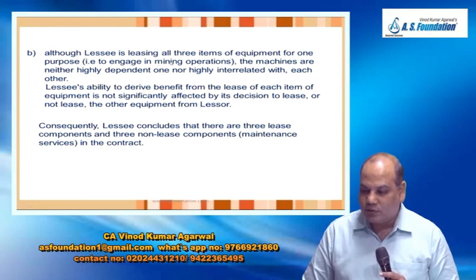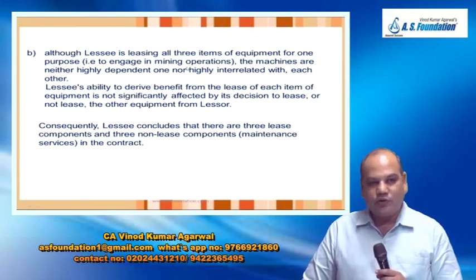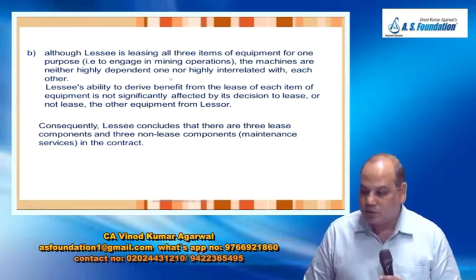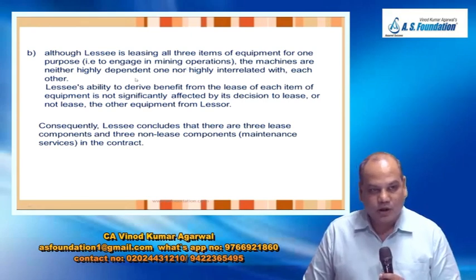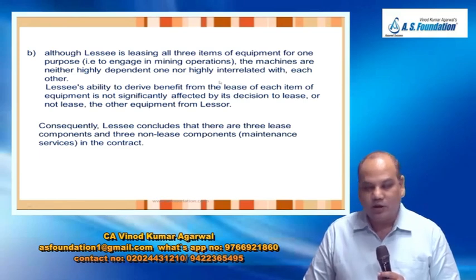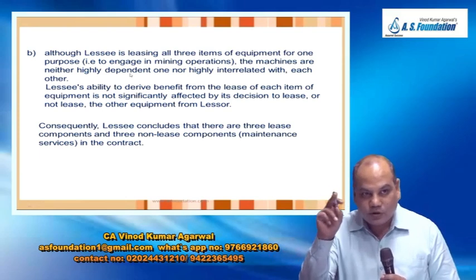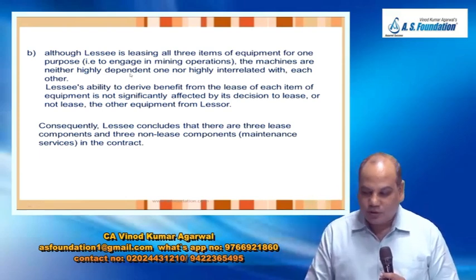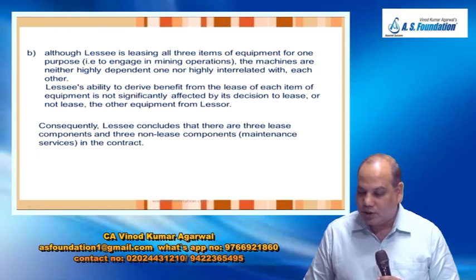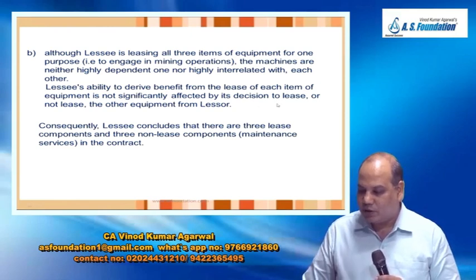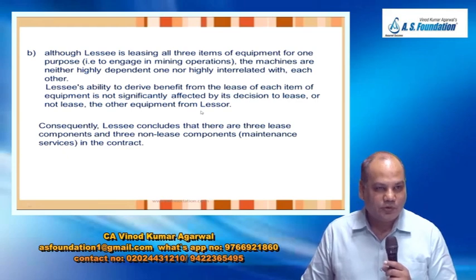Although lessee is leasing all the 3 items of equipment for one purpose, that is engaging in mining operation, the machines are neither highly interdependent nor highly interrelated with each other. So therefore you have to account for these 3 items separately. Okay. Lessee's ability to derive benefit from the lease of each item of equipment is not significantly affected by the decision to lease or not lease the other equipment from the lessor.